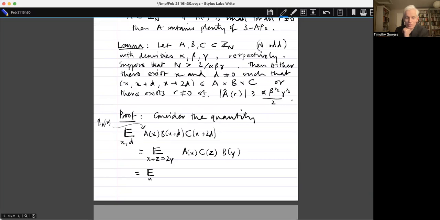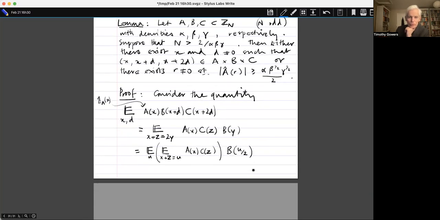That's the average over all u of the average over x plus z equals u of A(x) C(z). I don't really need these brackets, but it'd be clearer if I put some around there. And then I have B(u over 2), because 2y equals u, and so y is u over 2.